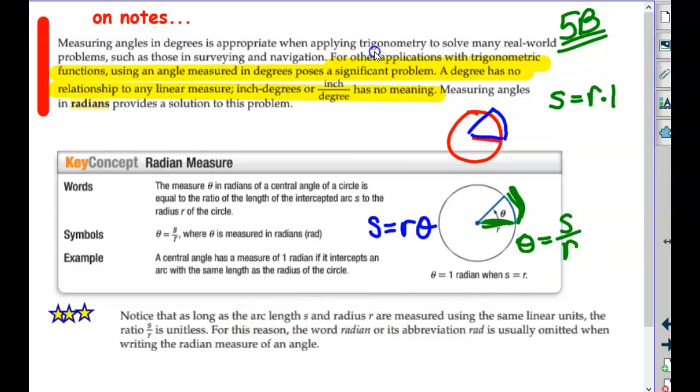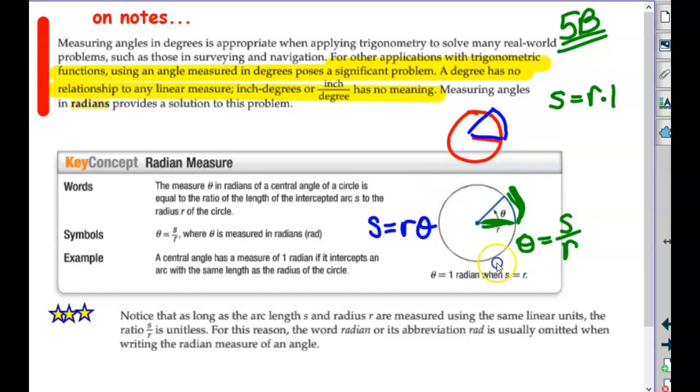Why do we use radians for all these formulas? Well, it has to do with the fact that a degree has no relationship to any linear measure. There's no such thing as an inch per degree or degrees per inch. Okay, if I say this is 30 degrees, then we want to find this distance, then we have to deal with the circumference and the part of the circumference.